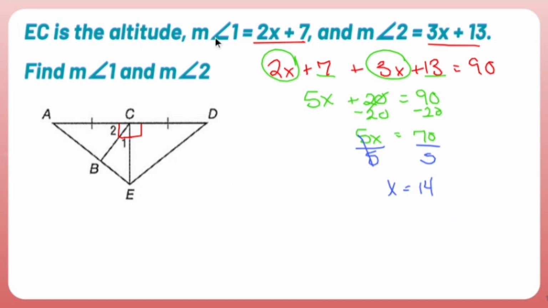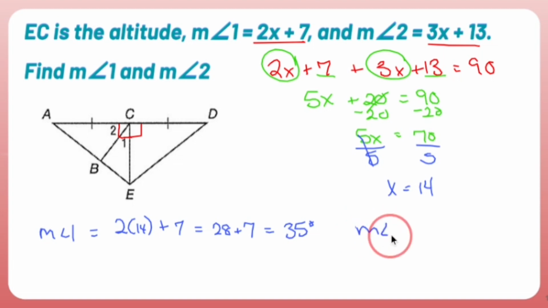And we know that the measure of angle 1 is 2x plus 7. So the measure of angle 1 is going to be 2 times 14 plus 7. 2 times 14 is 28, and 28 plus 7 is 35. So the measure of angle 1 is 35 degrees.